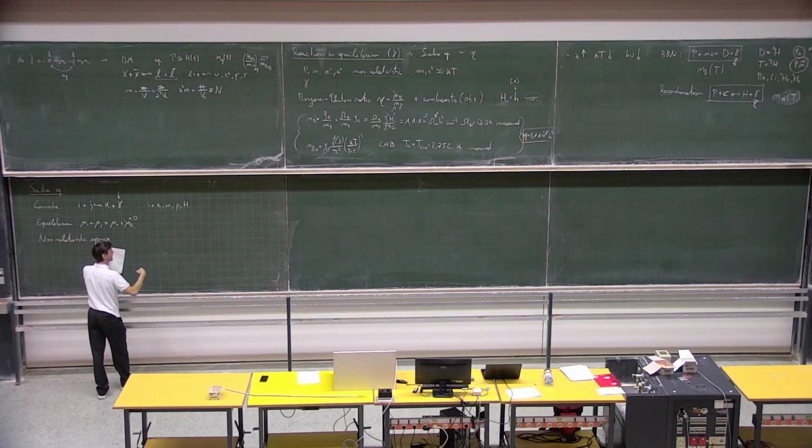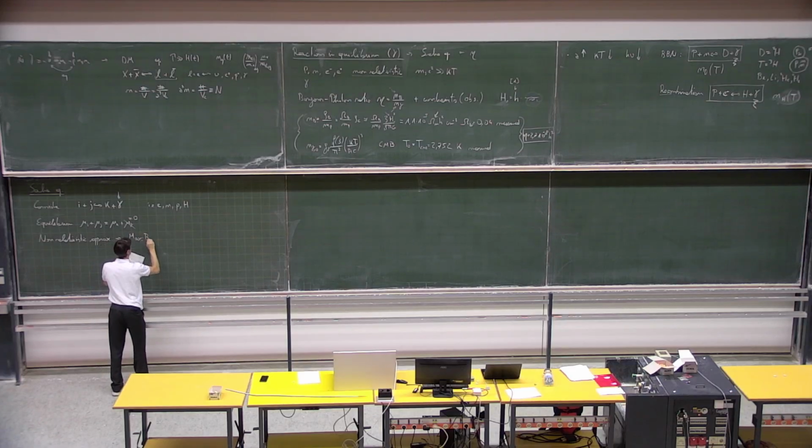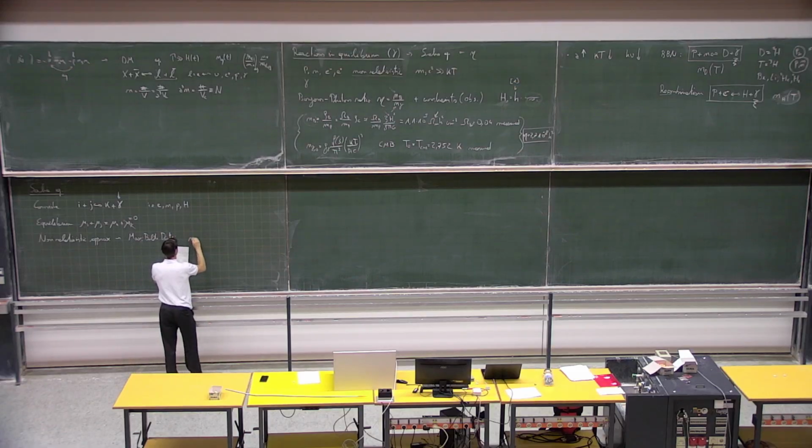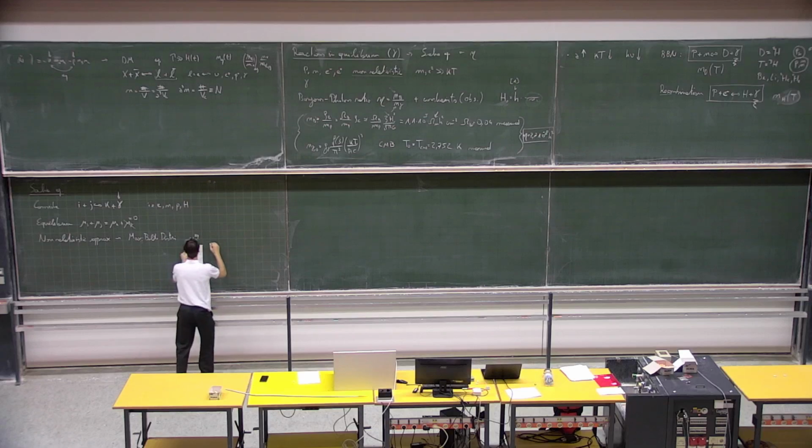This means that we can use the Maxwell-Boltzmann distribution for the number density of particles, the distribution that I write here. So for the species E, that equation is valid in equilibrium.